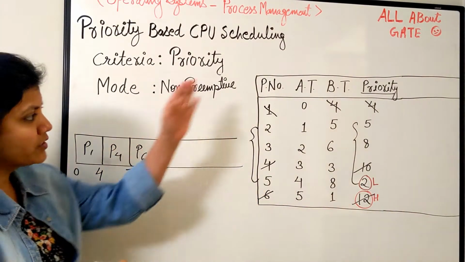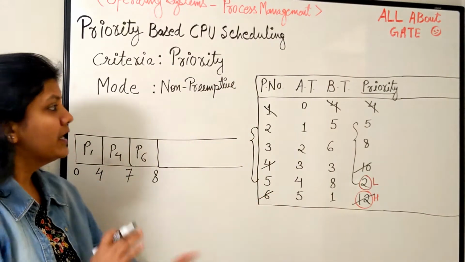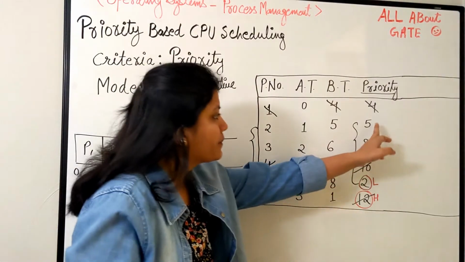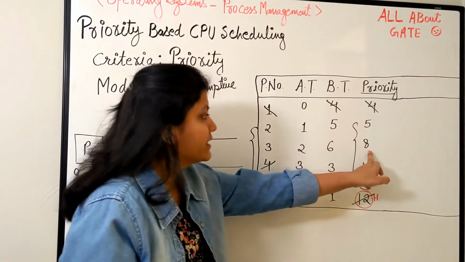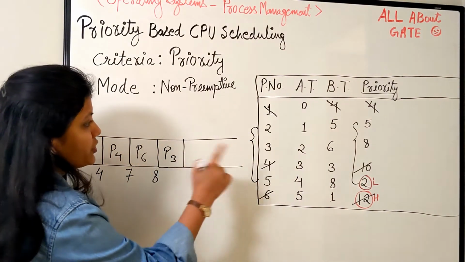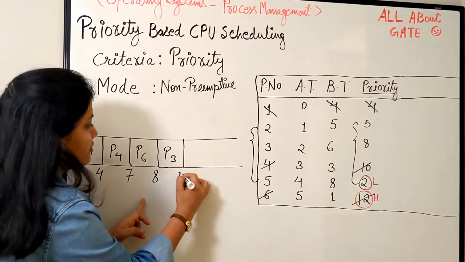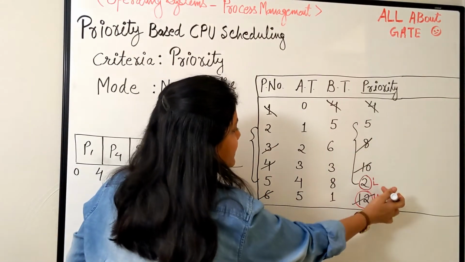Now every remaining process is in the system. Don't do anything but look at the priority number and pick the next priority. 8 is the next highest, so let's schedule that. That is P3, scheduled for 6, so 8 plus 6, 14. Finished. The next number is 5 and then 2.